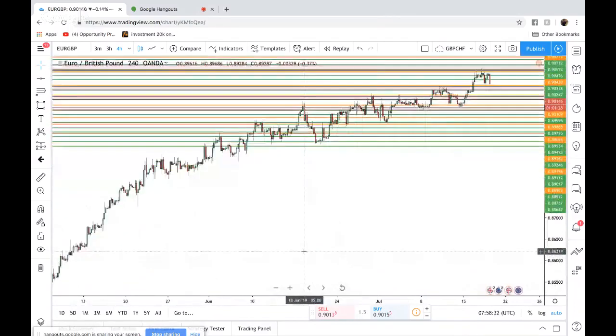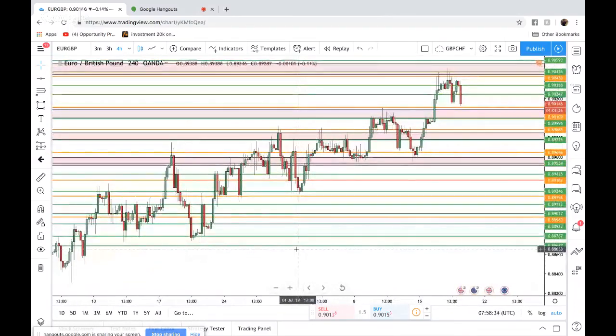Alright, beautiful. So now that we have some zones, it's really going to be interesting to see how this market reacts to this level. Maybe hitting it, hopefully pulling back to then continuing it.